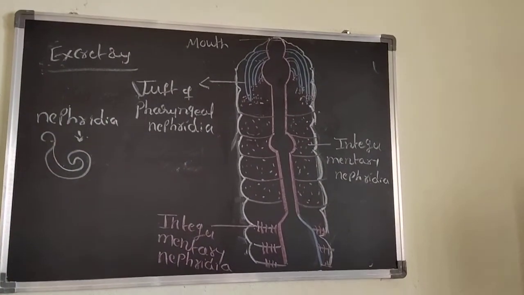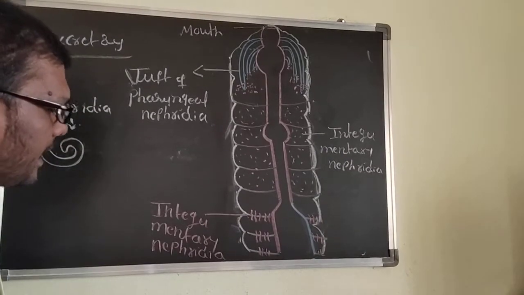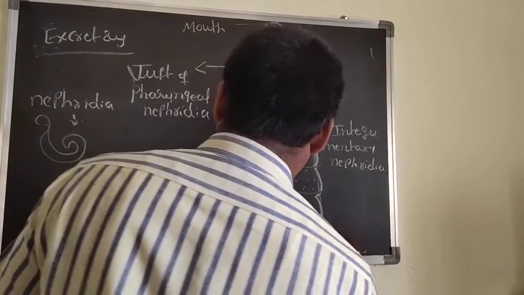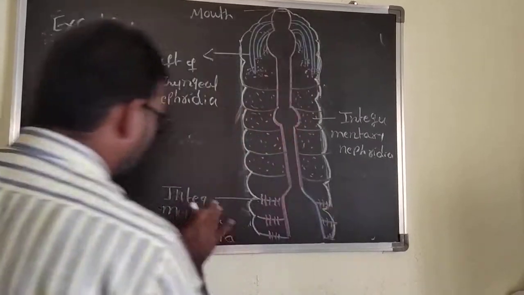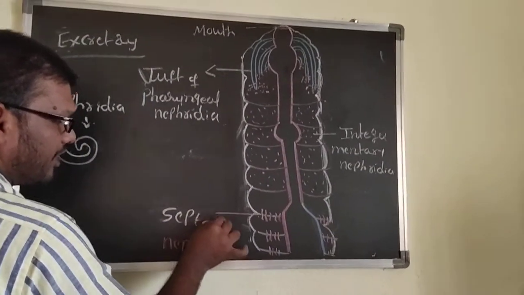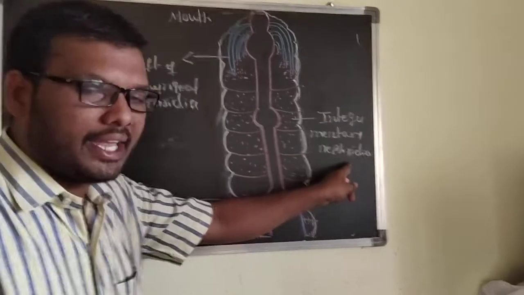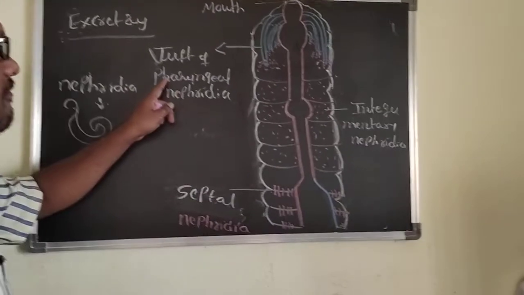Here they have 3 types of nephridia: the septal nephridia, the integumentary nephridia and the pharyngeal nephridia.